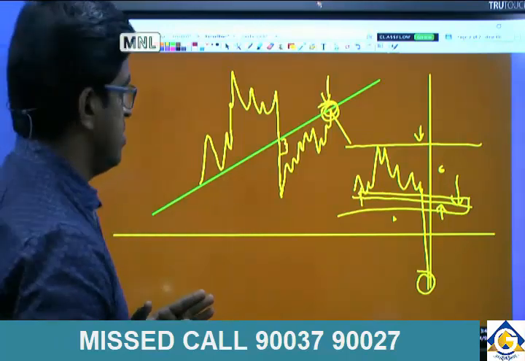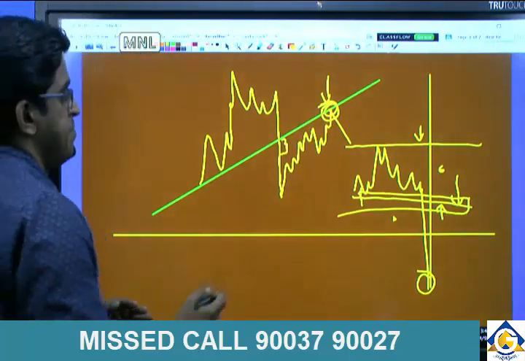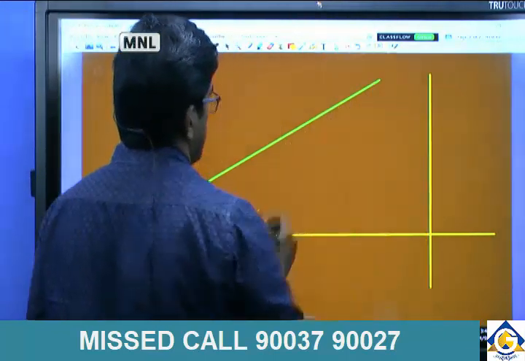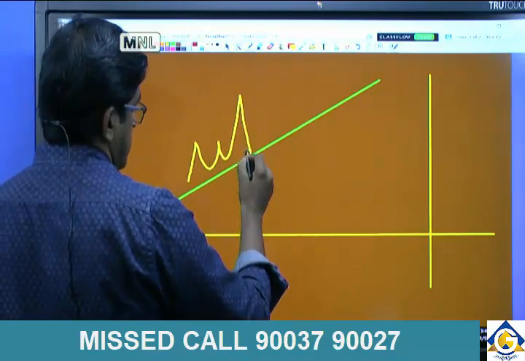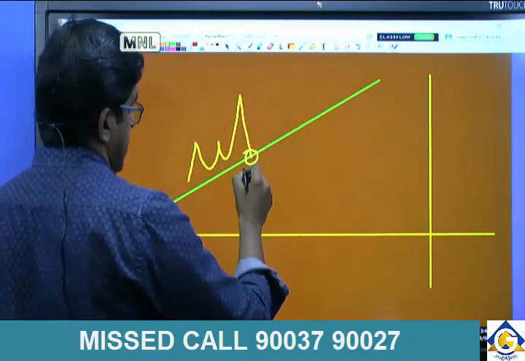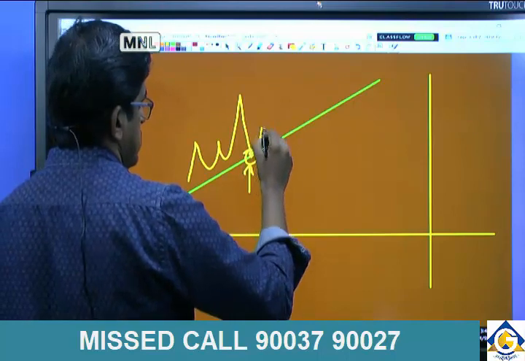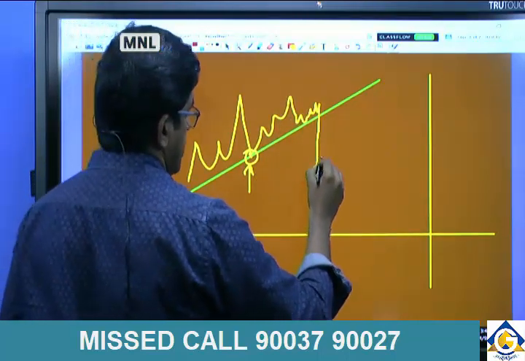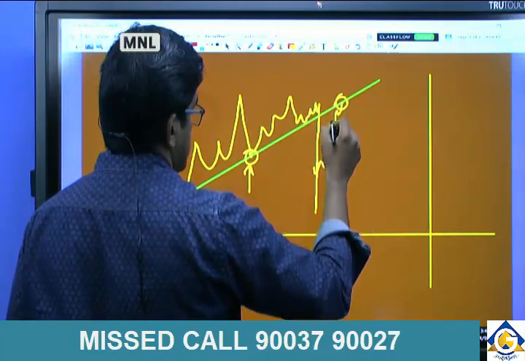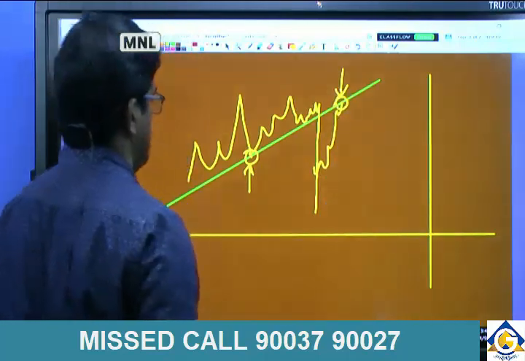So this is one way of trading the trend line. One is when the price touches, consider it as support and you can buy. Or if the price is moving not much and it provides a breakdown and again tests the resistance, you can sell it.